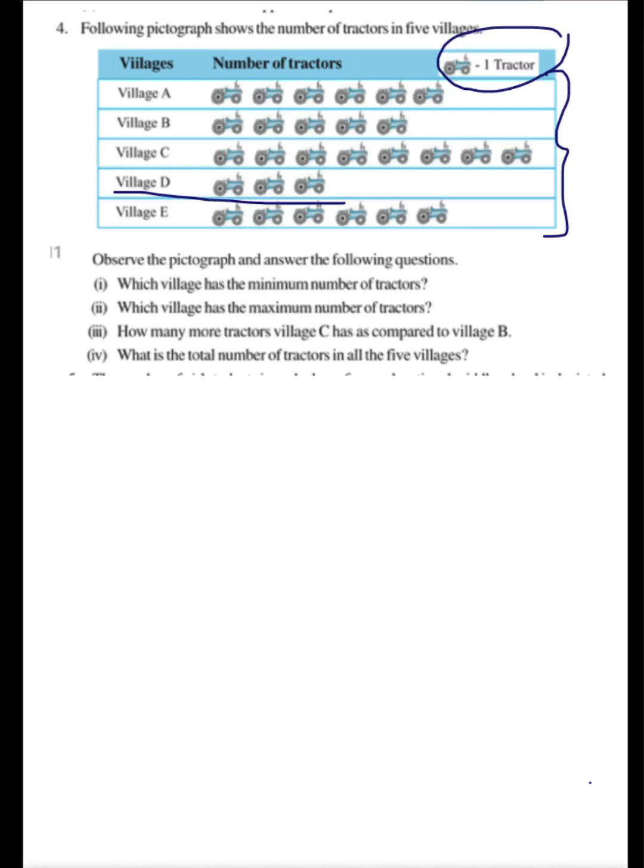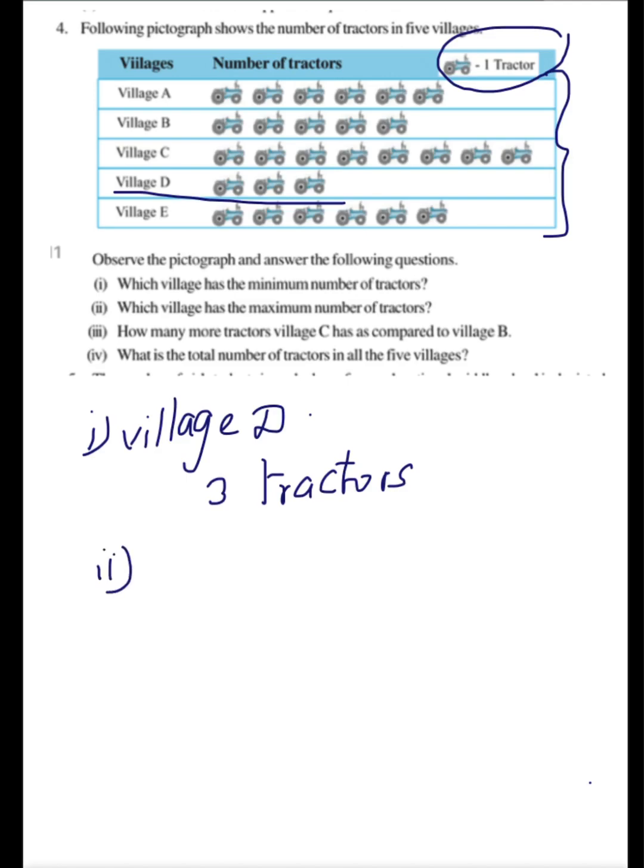That means here the minimum number of tractors is represented by village D. For the first question the answer will be village D. In village D you can see only 3 tractors are there. So it represents the minimum number. Understand?